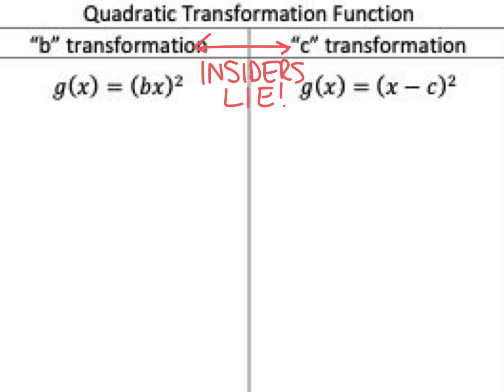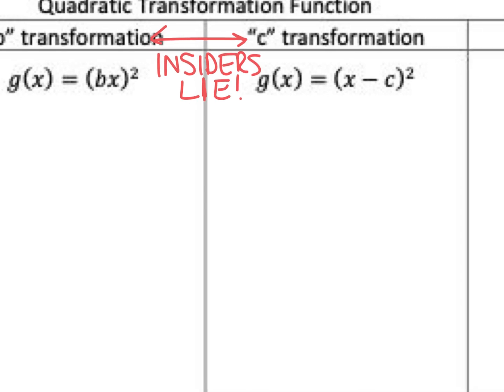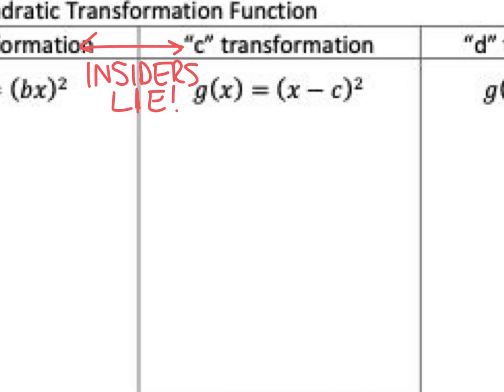So when we talk about B and C, they're going to be lying to us. So we're going to have to keep that in mind. So C, when we're going across, is going to be a horizontal shift.